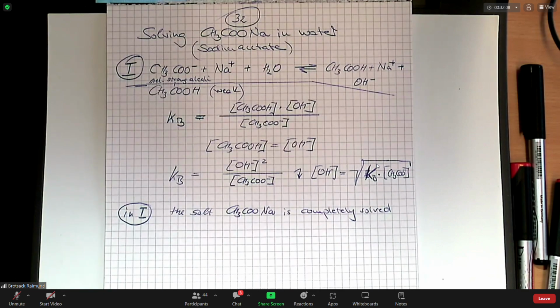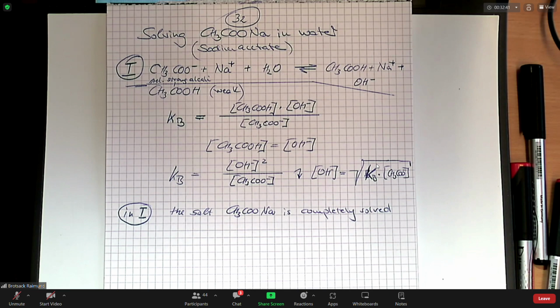We are below the solubility product. Remember, the solubility product is a number which helps us to decide, can we solve this amount of molecules in 1 liter of water or not? We are now in a situation where we say, okay, we are below, we can solve that amount we are looking at. Everything is solved.